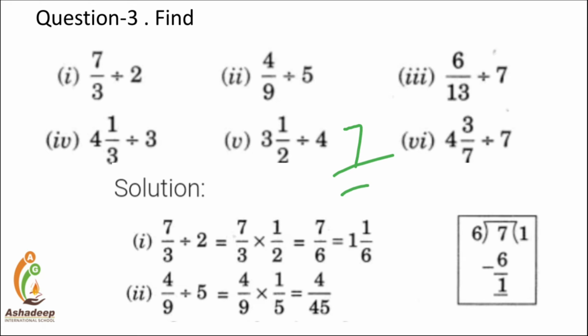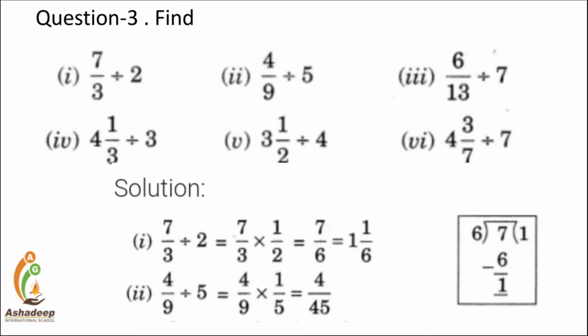So 7 upon 3. If we are having a whole number, then I told you in the very beginning of this chapter that a whole number can be written as a fraction by taking the denominator as 1. Clear?